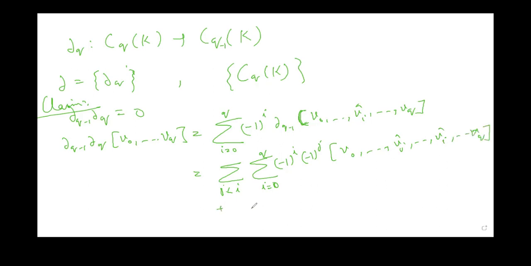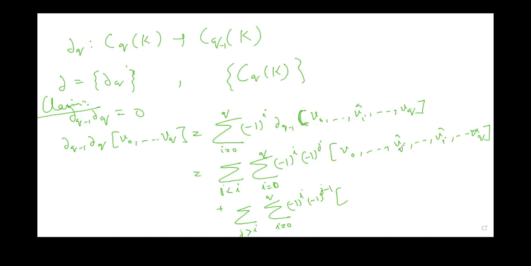Here, if your j is greater than i, then because this vertex is removed, everything will shift one place back.